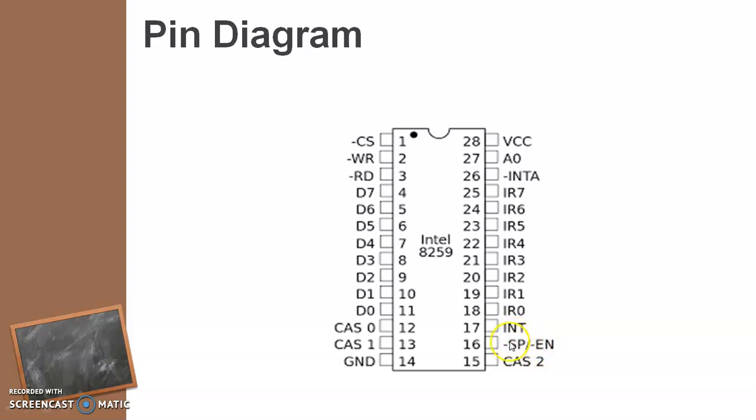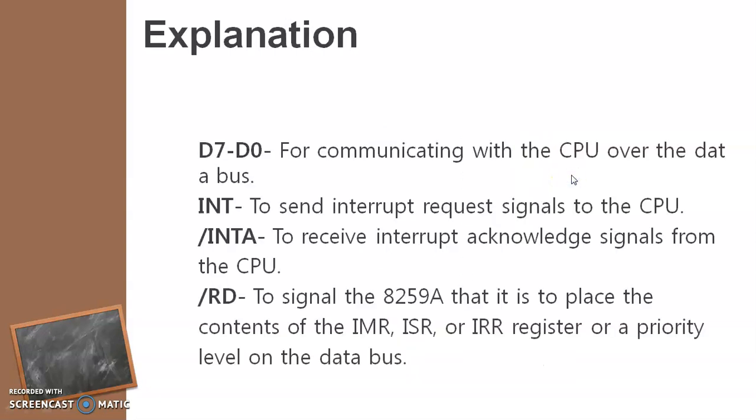If this value is 1, it is in master mode, else it will be in slave mode. INT is the interrupt request, and IR0 to IR7 are the 8 interrupt requests it can support. INTA is the acknowledgement, and A0 is the address which says whether the control word or status word is being accessed.